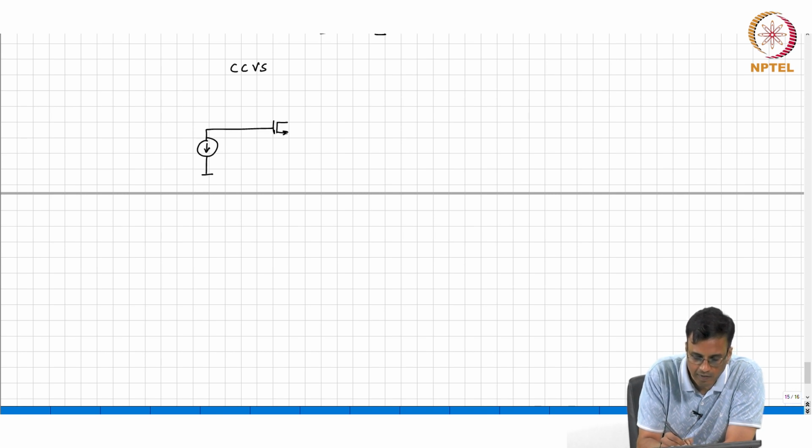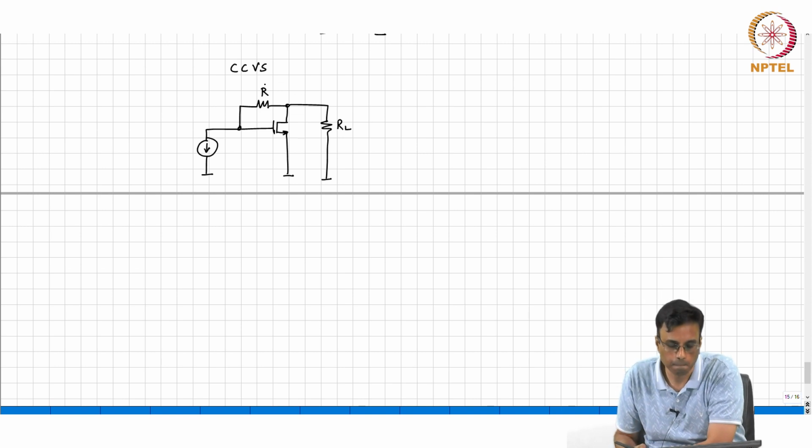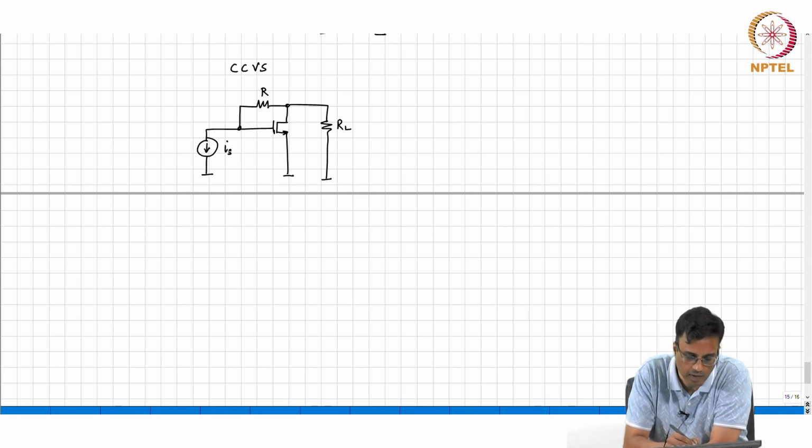In the NMOS case, this is what we had. Okay. This is IS.